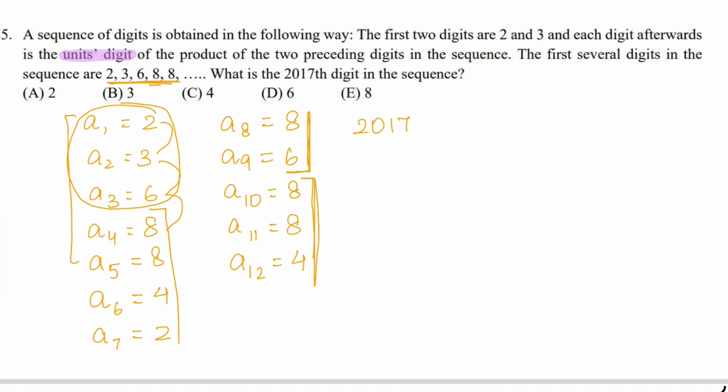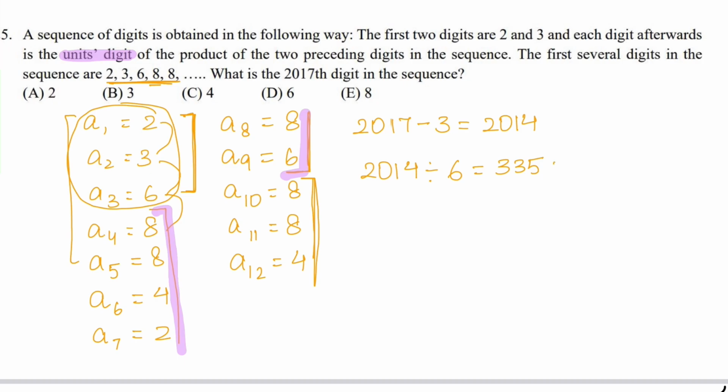That means I'm going to subtract 3 from 2017 because the 3 numbers are fixed, which gives me 2014. Now, I can see that there are 6 numbers in the sequence, 8, 8, 4, 2, 8, 6. So I'm going to divide 2014 by 6, which gives me 335 with the remainder of 4.